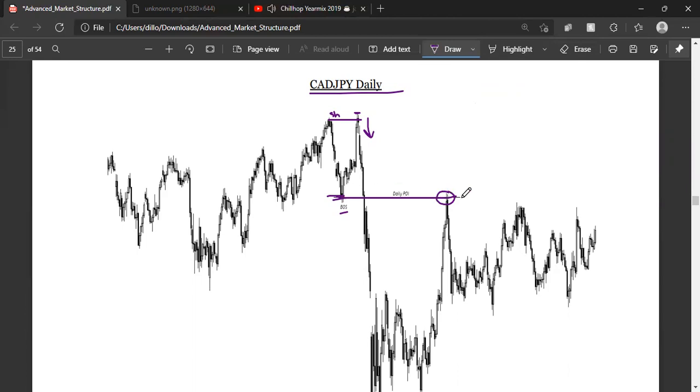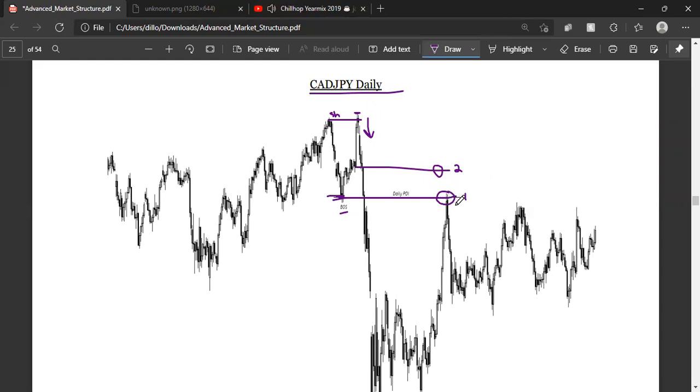So as price comes back into that area, right? Say we're looking here, say here's point of interest one, and I don't know, say there's point of interest two, I guess, right? So what do we want to see here, right? We want to see rejection, immediately give a rejection and a break of structure, right?